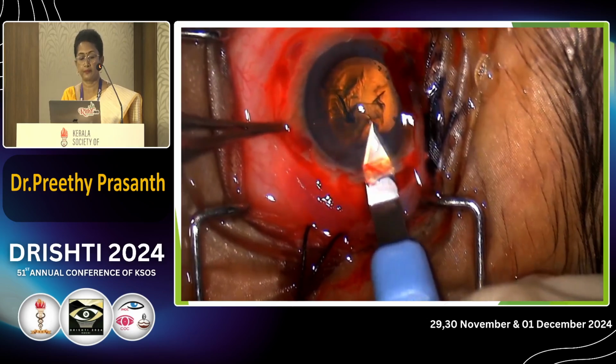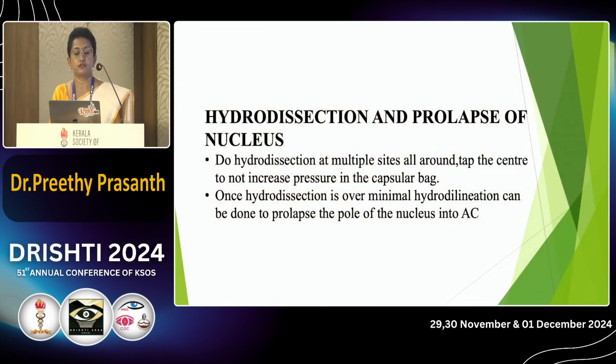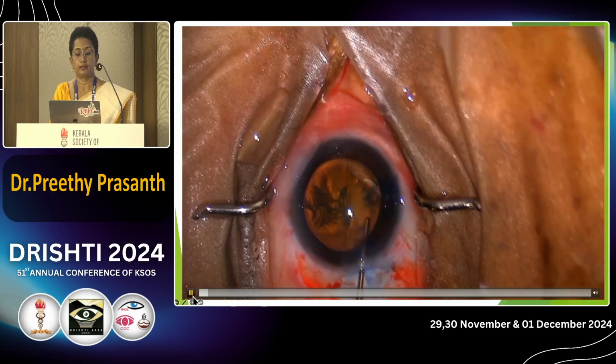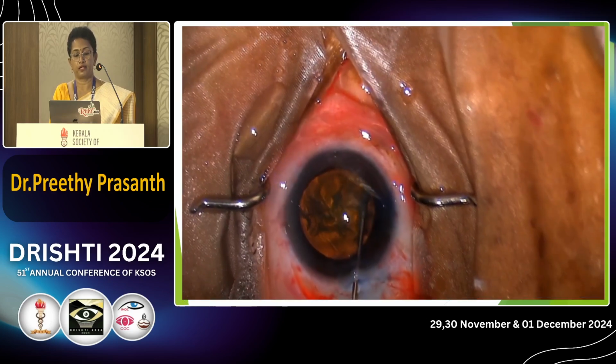Next is hydrodissection and prolapse of nucleus. Do hydrodissection at multiple sites all around the entire circumference so as not to increase pressure in the capsular bag. And once hydrodissection is complete, a ring will be seen around the nucleus in most cases, and you can do a minimal hydrodelineation between the epinucleus and endonucleus so that the pole of the nucleus will prolapse.